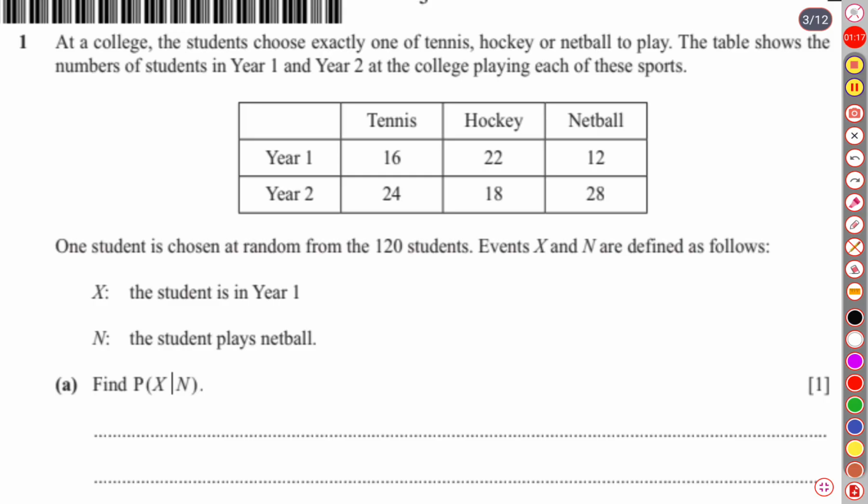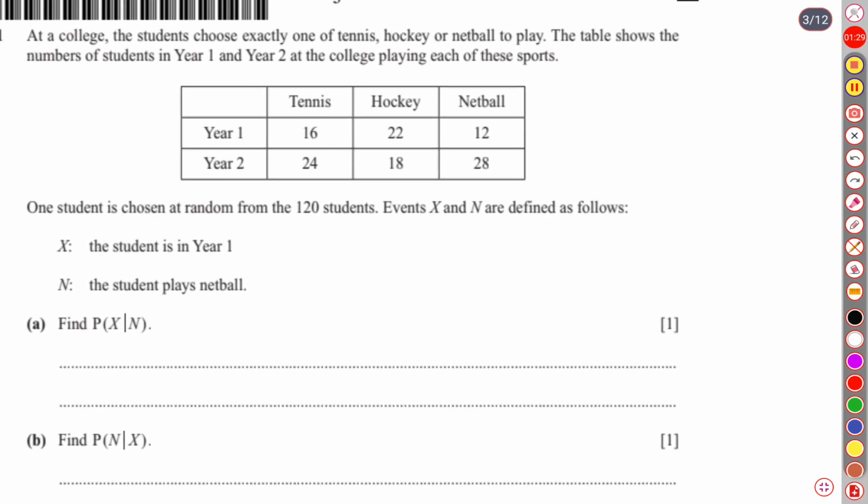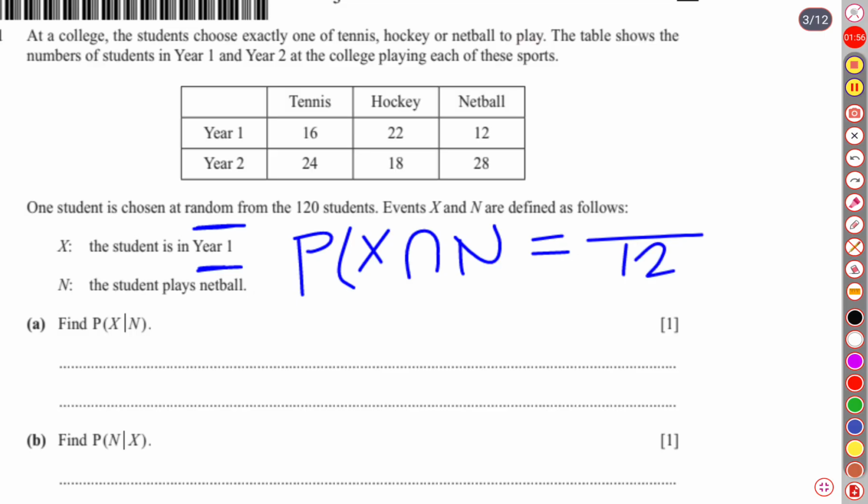For finding X given that N, first of all we will find the probability of X intersection N. X is the student in year 1, and N is the student plays netball. The total number of students is 120, as one out of 120 students has been chosen, whereas the number of students in first year as well as playing netball is 12.